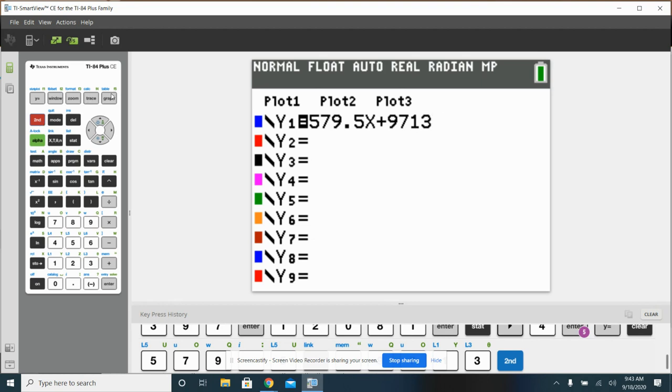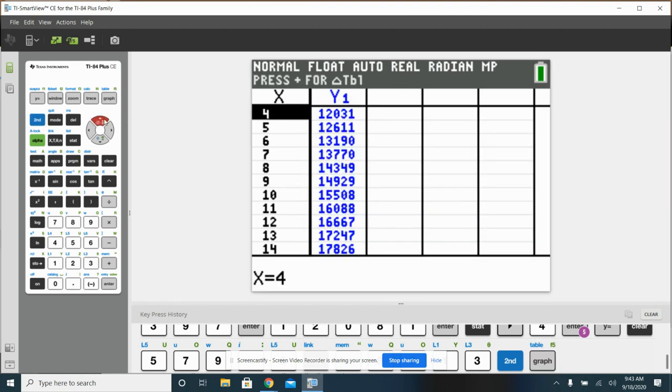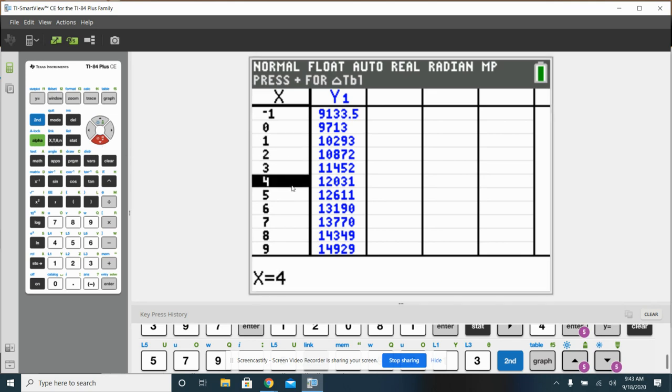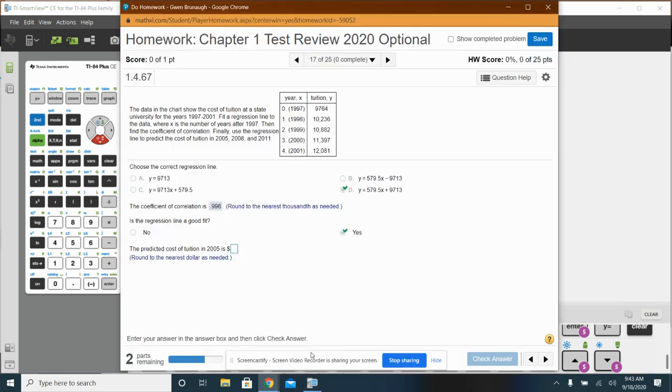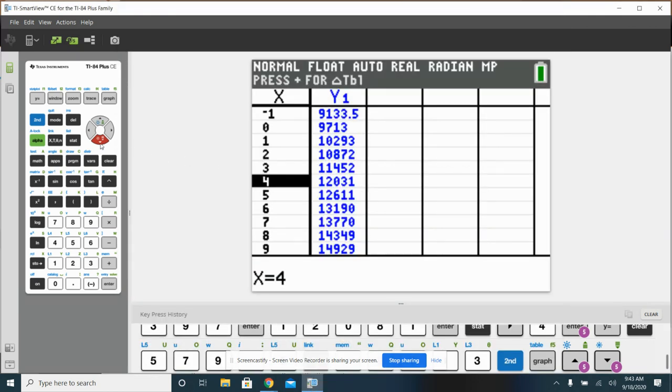Hit second graph, which goes to the table, and this is what we're looking at. Now, our table ended at 4, which was 2001.